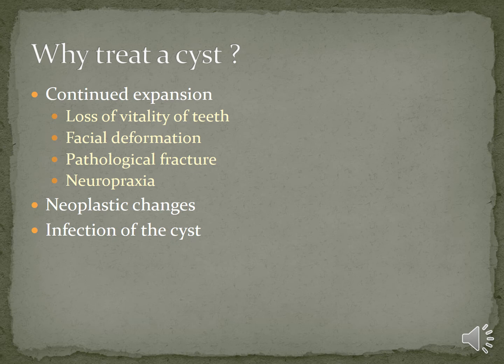You need to remove a cyst because there is evidence that it can transform into a neoplasm, or there can be neoplastic changes happening, or the cyst can get infected.